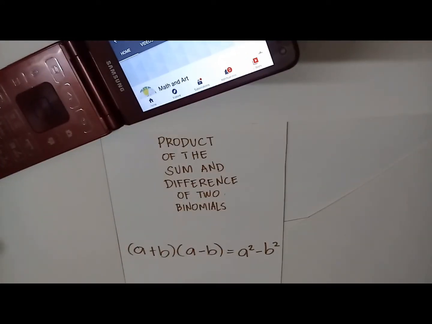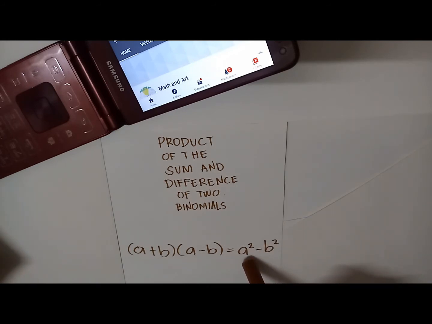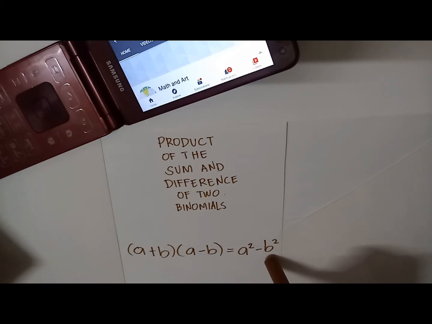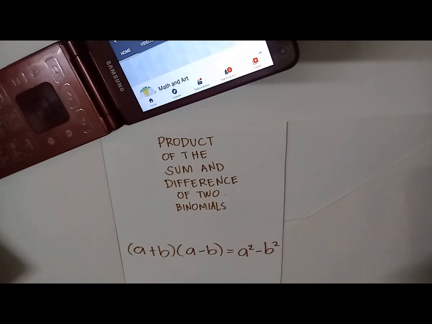So if you recognize this pattern, a plus b times the quantity a minus b, all you have to do is multiply the first terms, a times a is equal to a squared, and multiply the last terms, b times negative b is equal to negative b squared. And you will always arrive at this answer, a squared minus b squared.